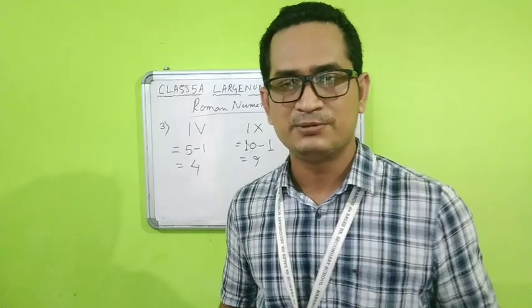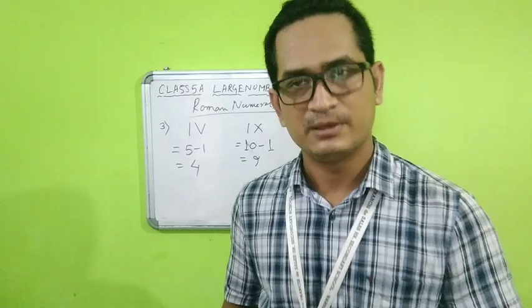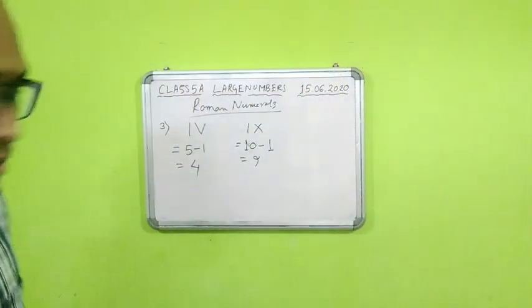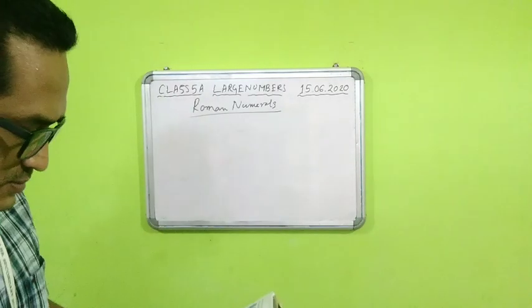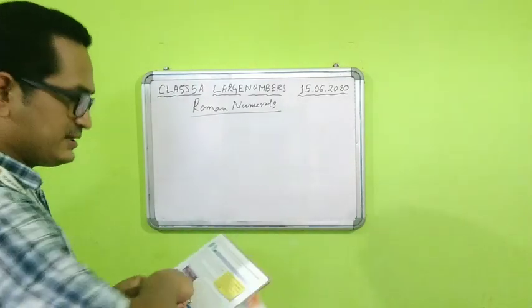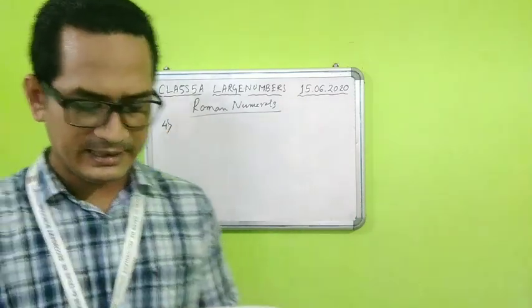So both are opposite to each other. If you remember the second rule, the third rule you can easily understand because it is just the opposite one. Okay. Now the last rule, that is number 4. Let us see. This is a little bit different. The fourth rule is written like I, that is the 1.